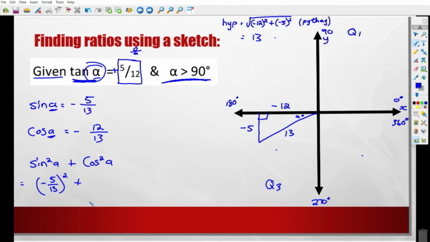Then cos of A is negative 12 over 13, and it's squared too, so I square it. That gives me 25 over 169 and 144 over 169. And 144 over 169 plus 25 over 169 is 169 over 169, which is just 1.